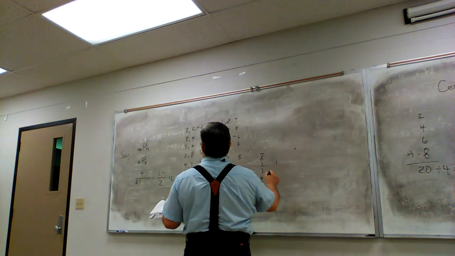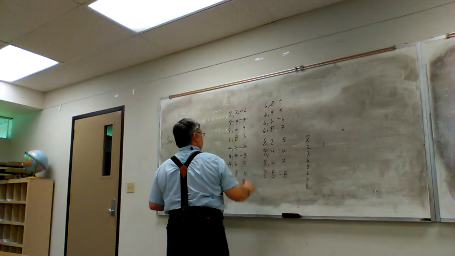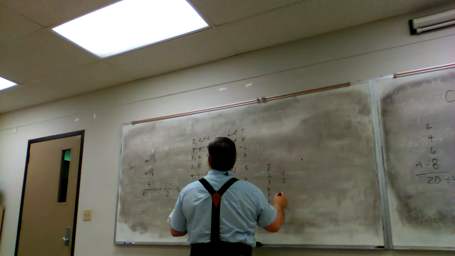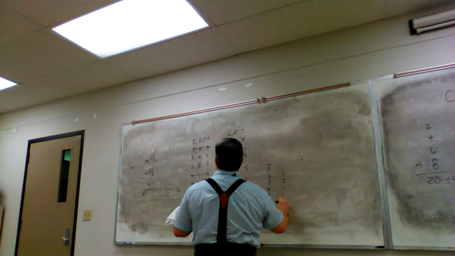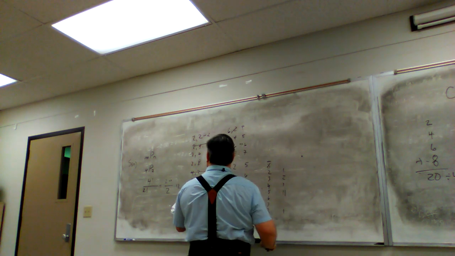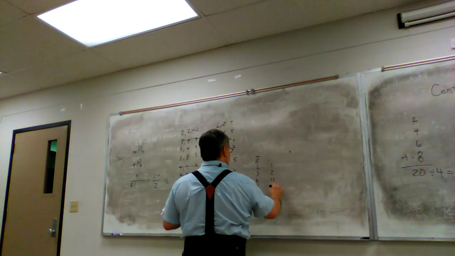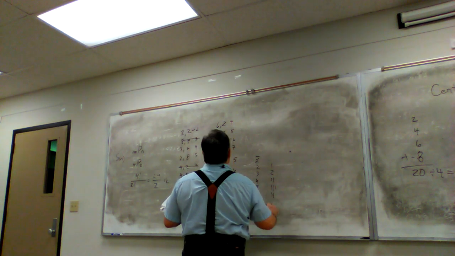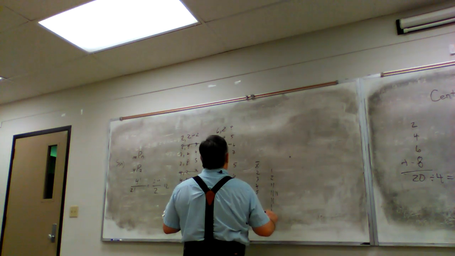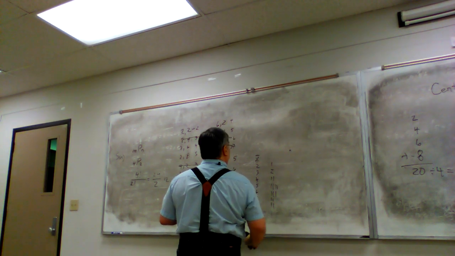For 2, you get 1. For 3, you get 1 and 2. For 4, you get, let's see, just 1. Here's a 5. Here's an 8. Here's another 5. Here's a 6. There's another 4. There's a 5. There's a 6. There's a 7. There's a 5. There's a 6. There's a 7. And there's another 8.